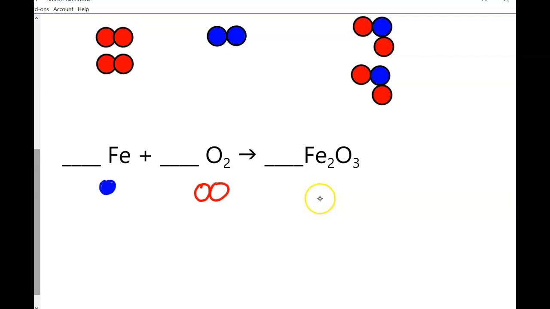I know it's iron 3 because iron needs to have a +3 charge in order to balance out the 3 oxygens' minus 2 charges. So I just use my little trick of crisscross there to show me that we're going to have 3 oxygens and we're going to have 2 irons.